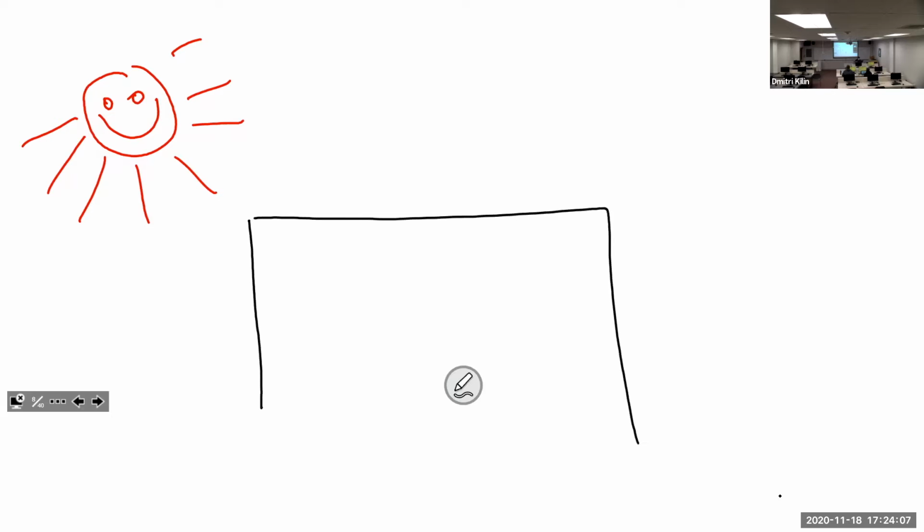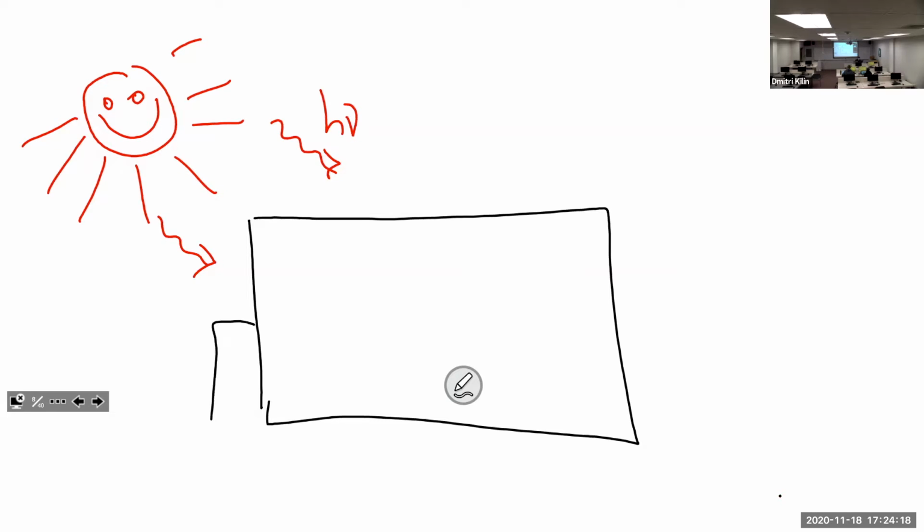A box that absorbs photons and generates electricity that we can use to power any of the devices. So the question is, what is inside? Solar cell.